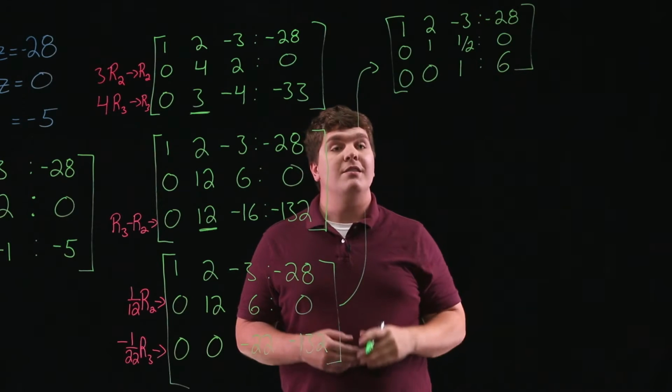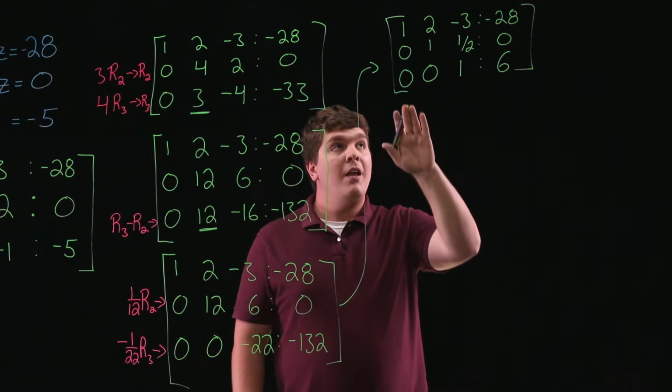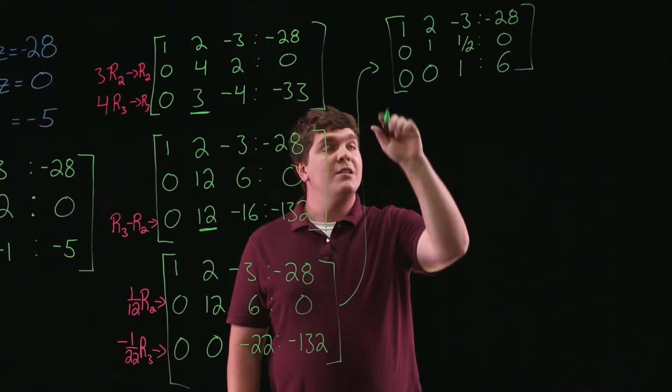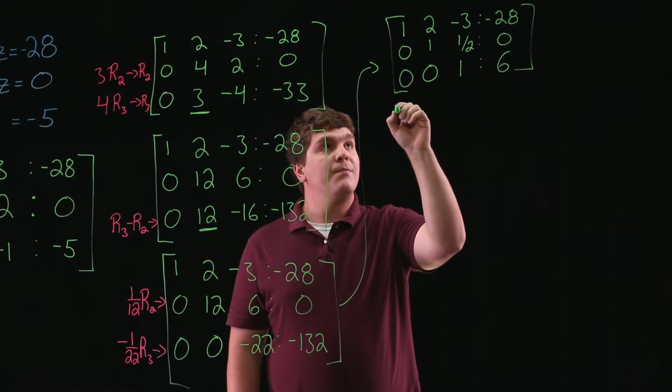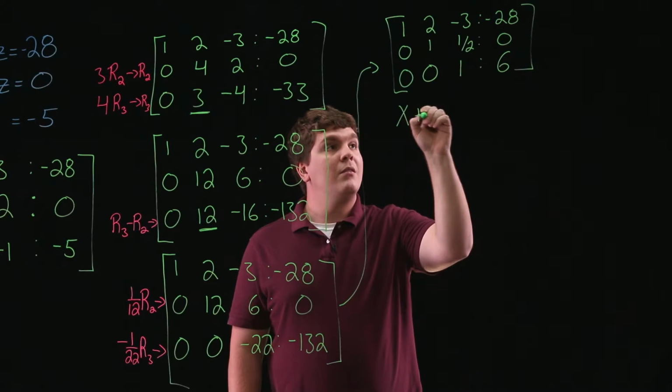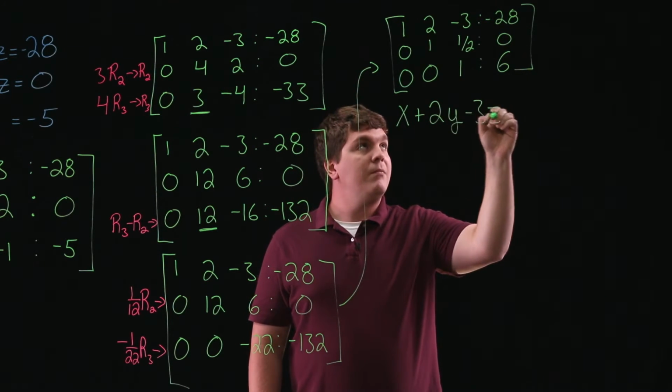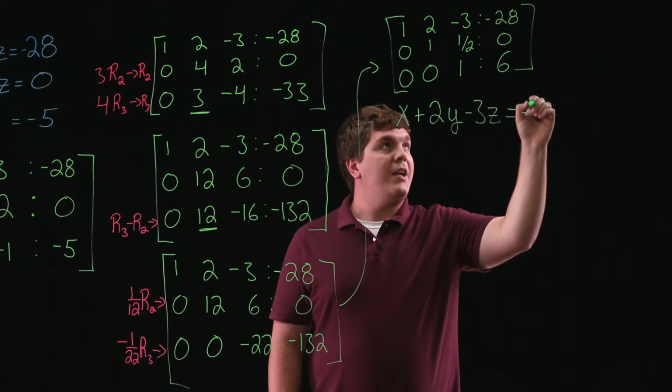So now our system is in row echelon form, and we can rewrite this as a system of equations. The system gives us x plus 2y minus 3z is equal to -28.